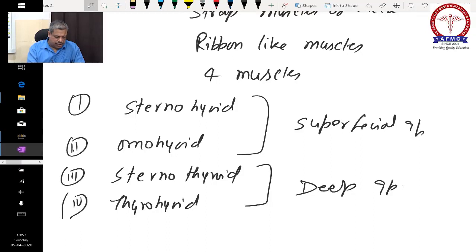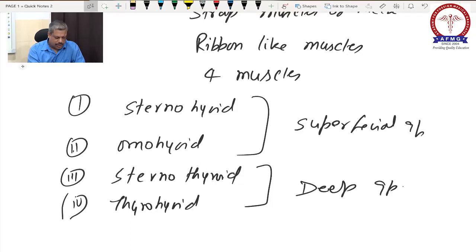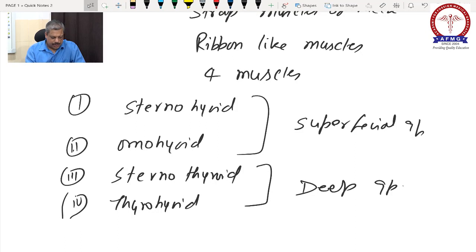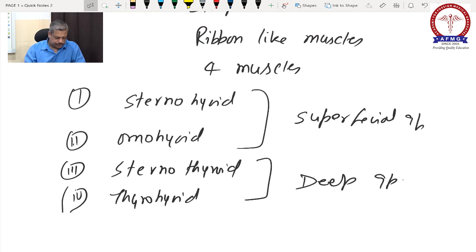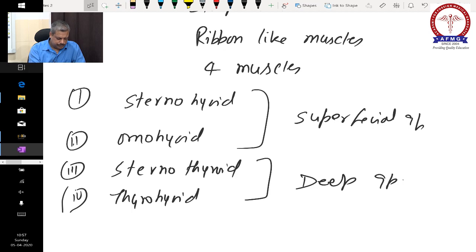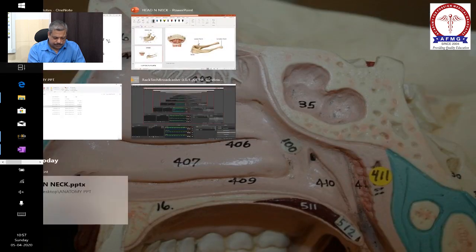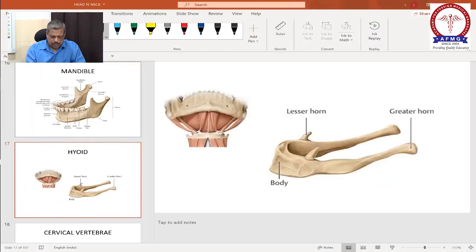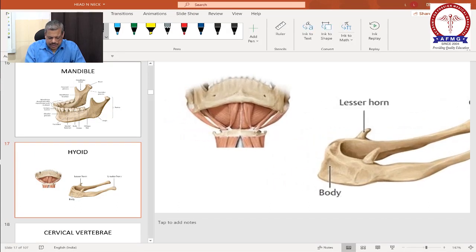Now I will show you these muscles with the help of this diagram. First see the image. This is the hyoid bone, easily identified. These are the suprahyoid muscles.